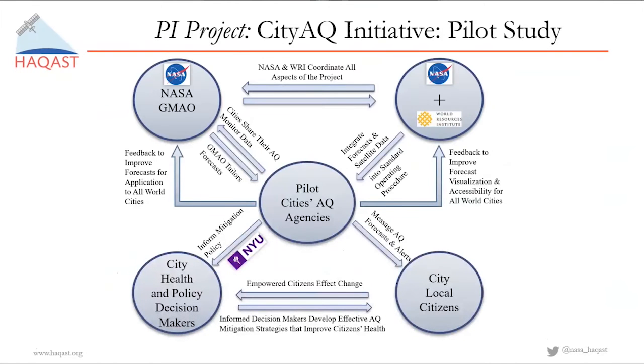Here's a schematic of the CityAQ pilot study. Part of it has already started. It was initiated last fall. And NASA GMAO is integrating their forecast into 2 pilot cities. One is Rio de Janeiro, the other is Quito, Ecuador.